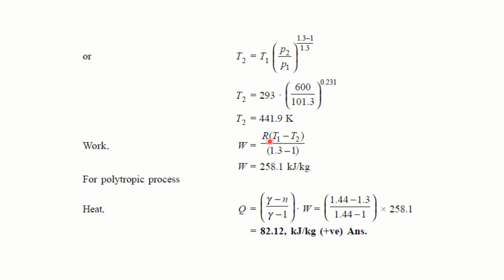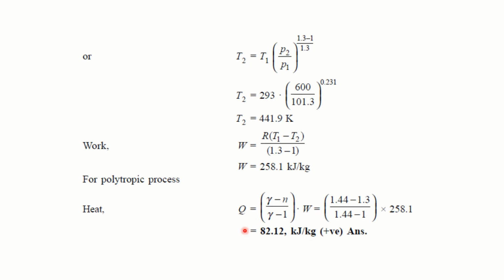Work done is equal to P1 V1 minus P2 V2 divided by n minus 1. Instead of that, P1 V1 I can replace by RT1 and P2 V2 by RT2, with the n value. So I'll get the work done. And heat can also be determined for the polytropic process.